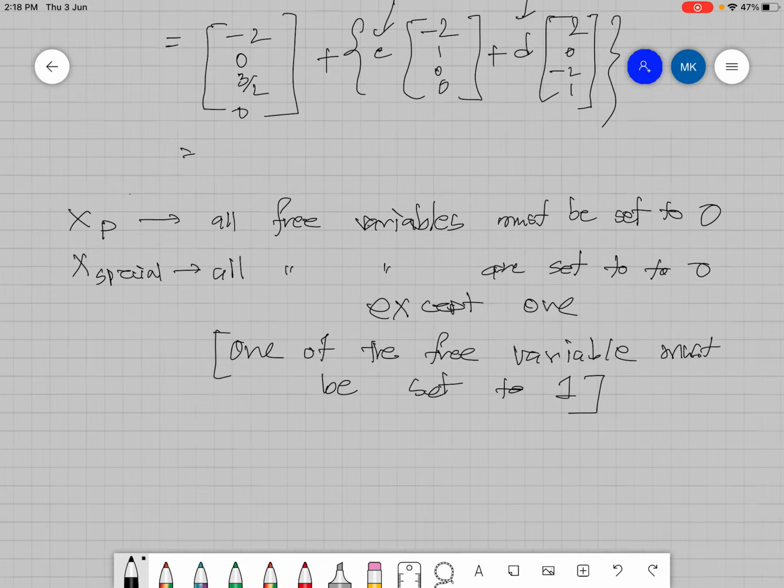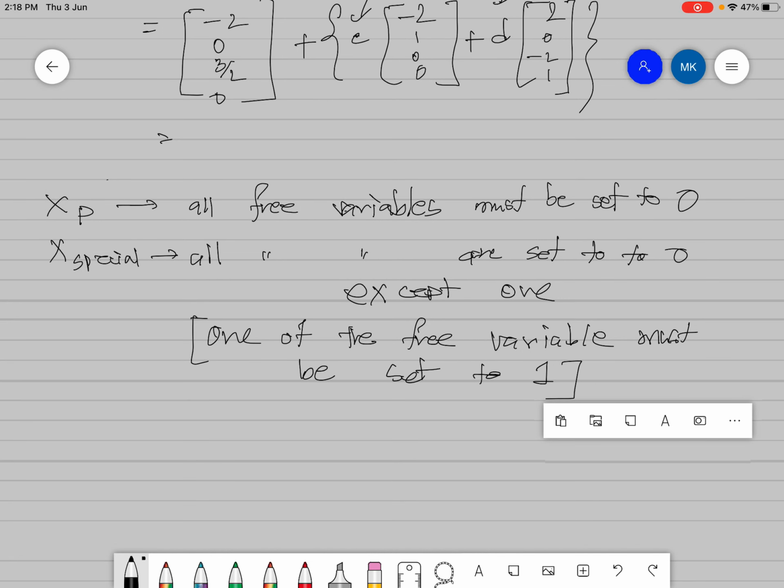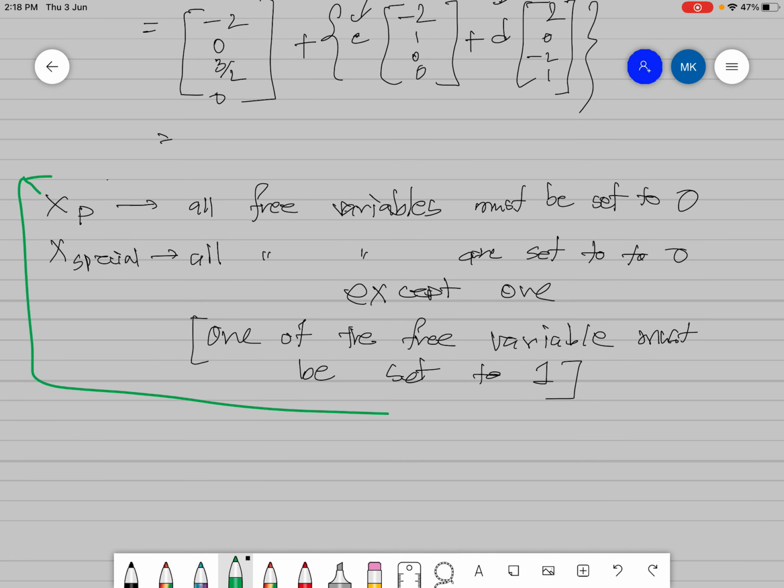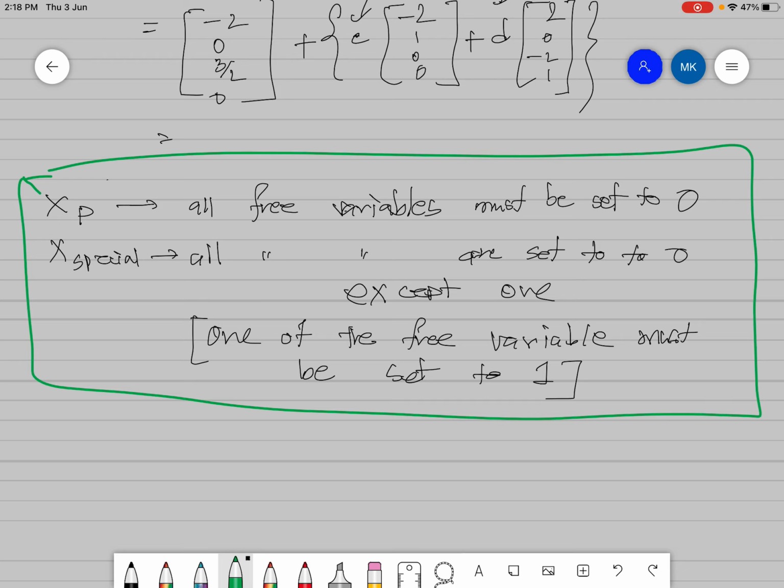Okay, so I hope you remember this from the previous lecture. So this is the way to find the complete solution for Ax equals b.